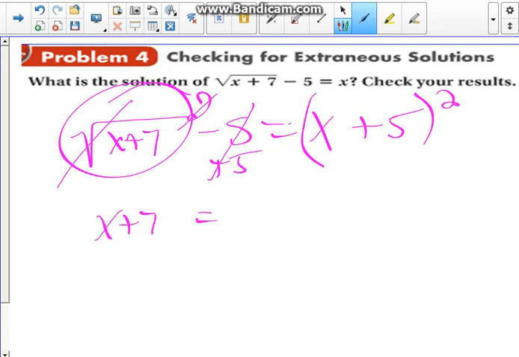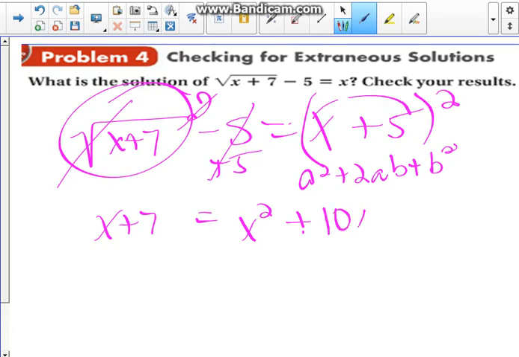And on the right, we've got a binomial squared, and we learned in algebra if we have a plus b squared, it's equal to a squared plus 2ab plus b squared. So let's do it. My a is x and my b is 5. So we're going to have x squared plus, now multiply them together and double it. So 5x doubled is 10x, and my last term squared is 25.